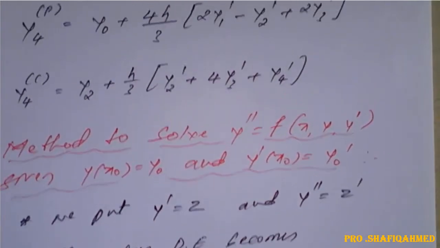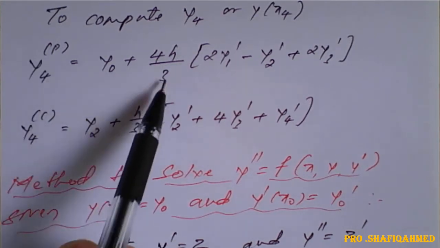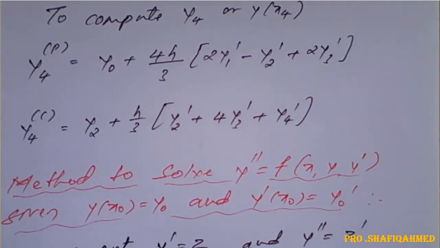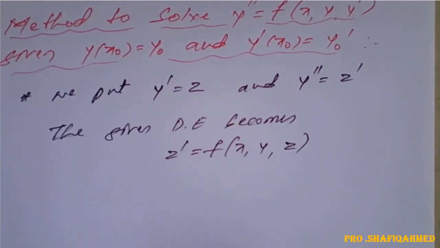As we know the formula, y4 of p is equal to y0 plus 4h upon 3 into 2 times y1 dash minus y2 dash plus 2 times y3 dash. Here I want to rewrite this predictor formula in terms of second order.